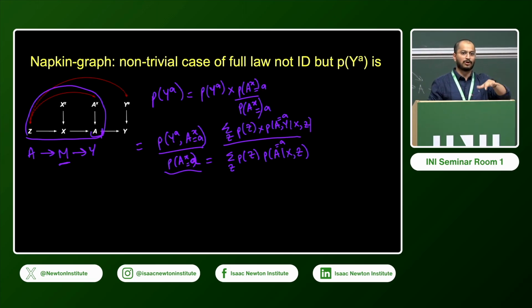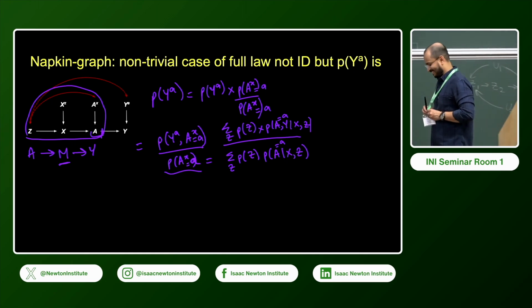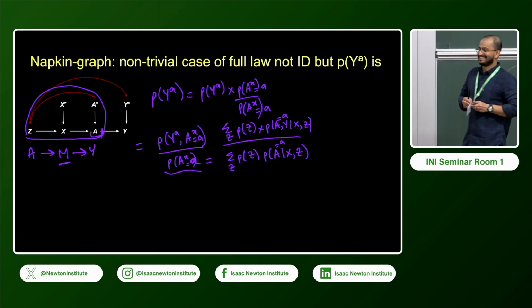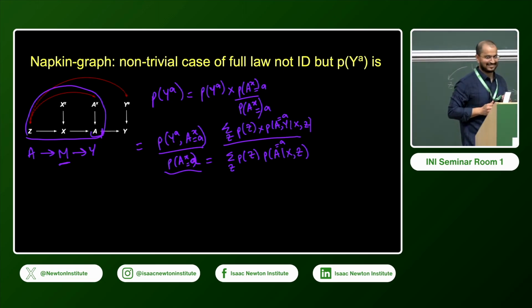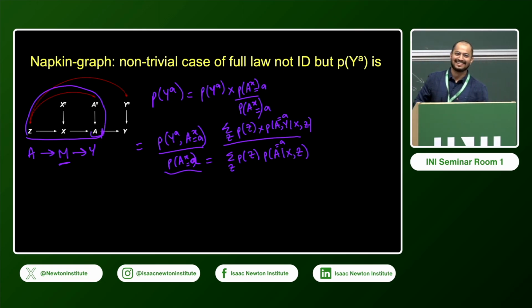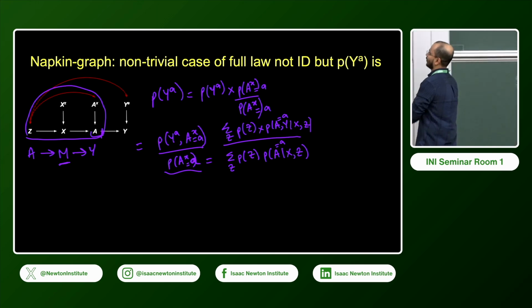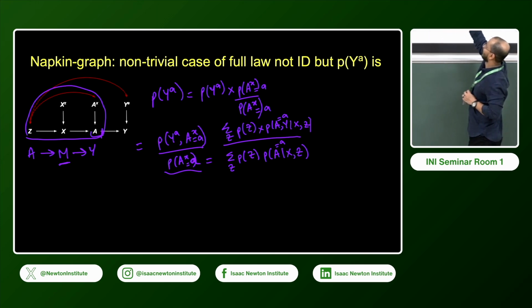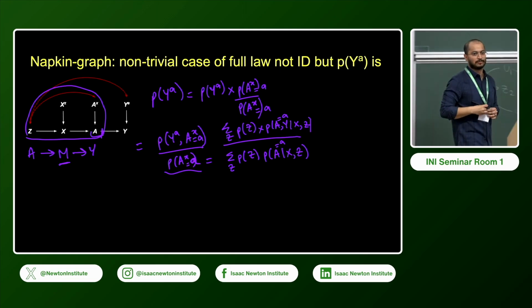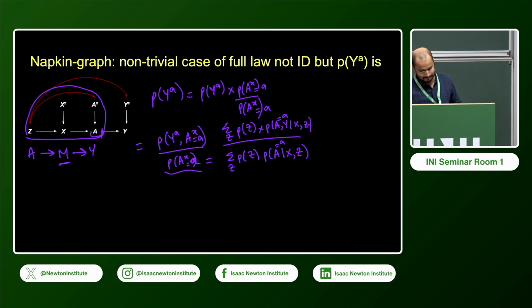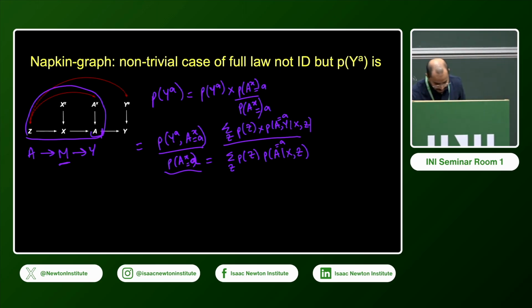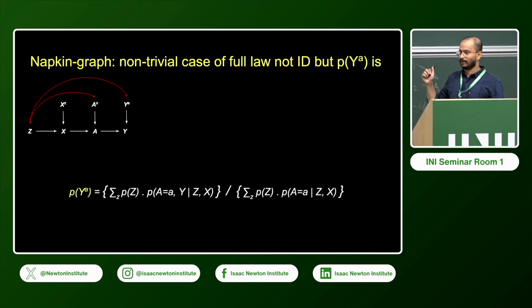But if you wanted to get really fancy, you could do front door in the front door graph and then marginalize it that way. You get something horrible which is equal to that. Yes, correct. I misspoke. So you are deriving the effect of X on A, which in this case is just given by backdoor, basically. Okay. So that's the final functional.